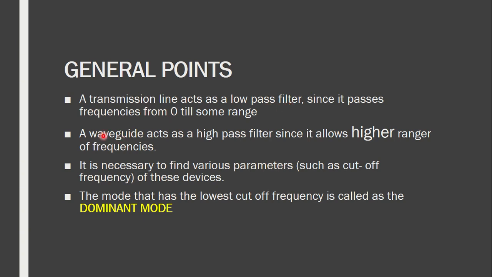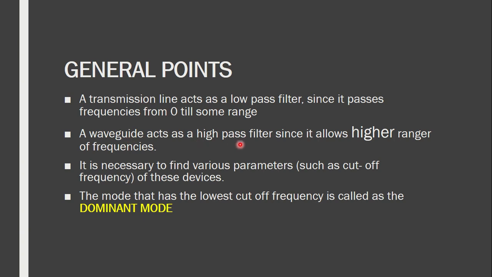But when we talk about waveguides, the waveguides are capable of transmitting very high frequency values. So they start transmitting from a high frequency and it extends up to very high frequencies. And hence we say a waveguide acts as a high pass filter.